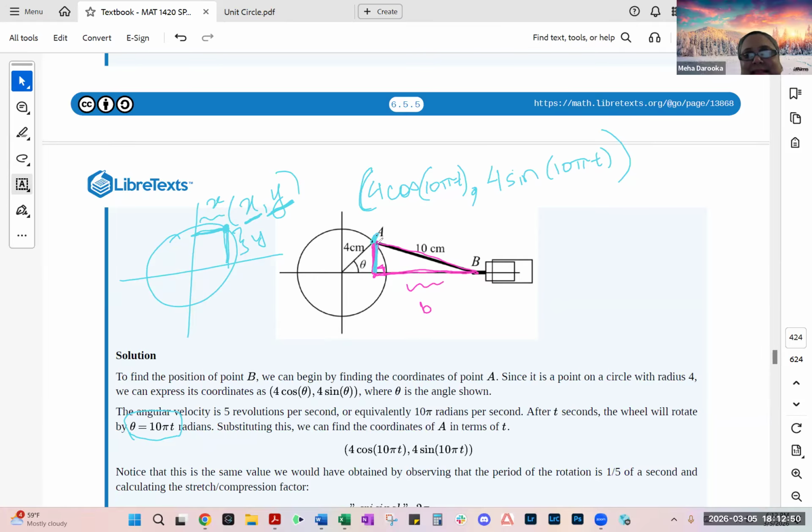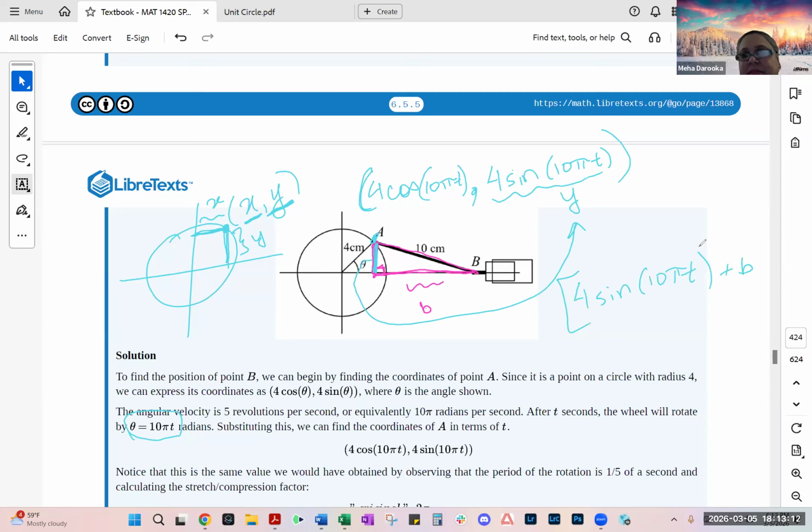So we know this distance from A to the horizontal axis is going to be the same as your y value here. So that's why we are calculating this distance as 4 times sine of 10 pi t. You have your b value, which is the other side of your right triangle.